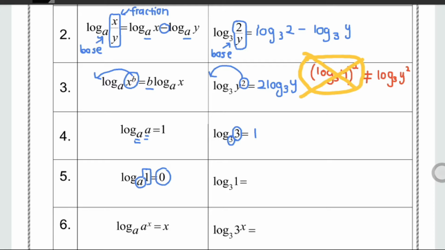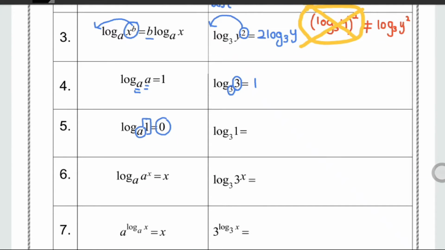For example, we have log 1 base 3. Again, the number is 1 here, but the base is 3. As I said earlier, we can have any number as the base, but if the argument is 1, the answer is simply 0.